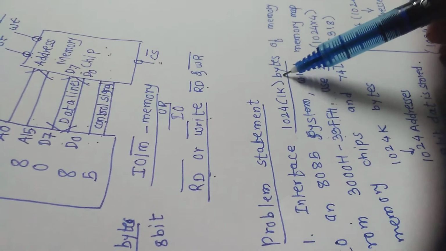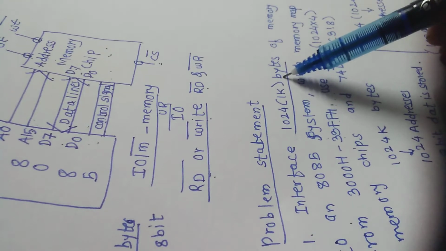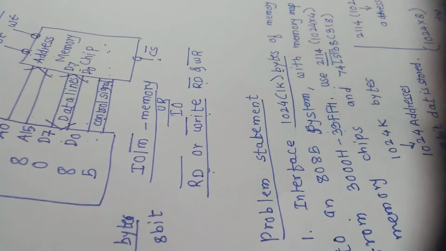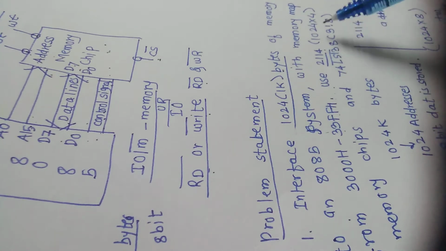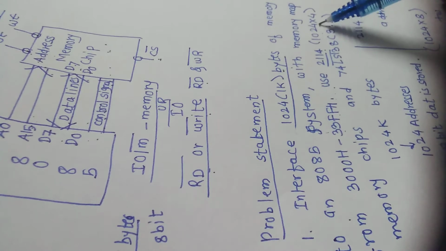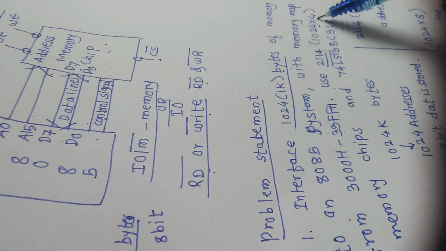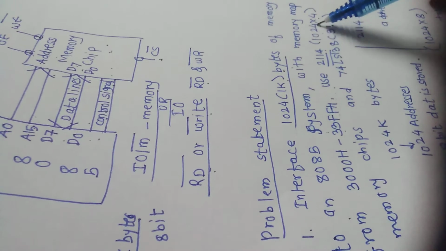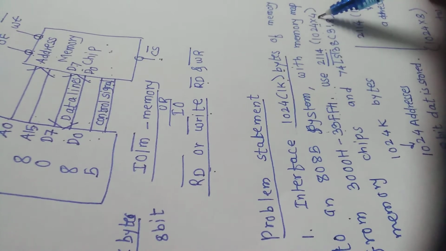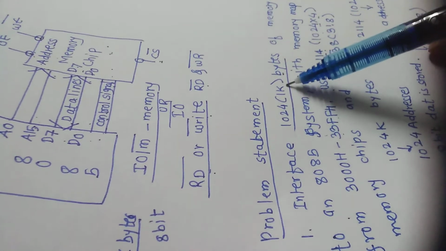For that purpose, in the statement, they have given us the 2114 memory IC, which is a 1024 by 4-bit memory chip. This is a 1024 by 4-bit memory chip, and this is an 8-bit memory chip.